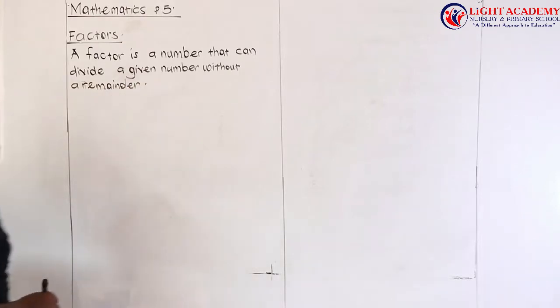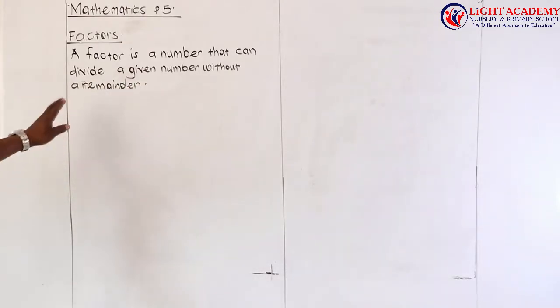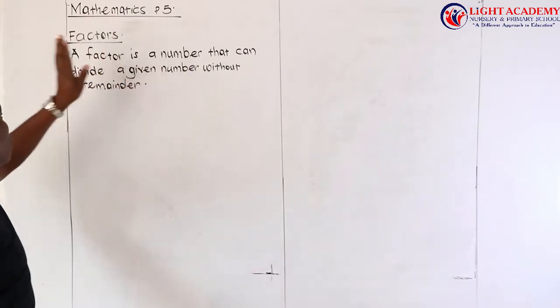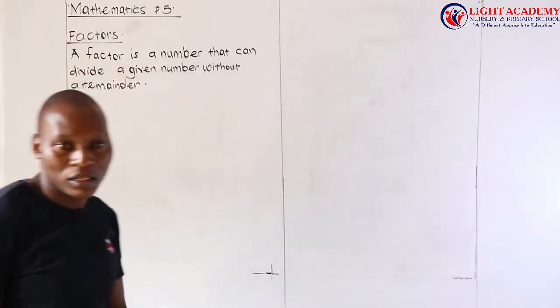So we are saying that a factor is a number that can divide a given number without a remainder.